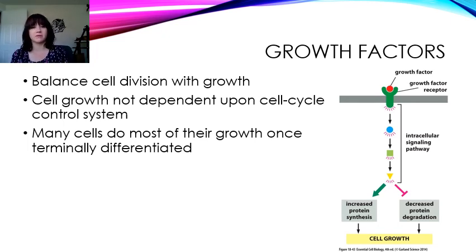And for a cell to grow in size, think about what needs to happen. You need to have a lot of protein being made. And so growth factors are going to ultimately cause increased protein synthesis and also reduced degradation, right? We know that ways to regulate the amounts of protein in the cell are either by increasing the rate at which they get made or reducing the rate at which they get broken down.